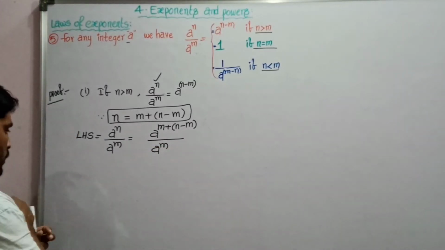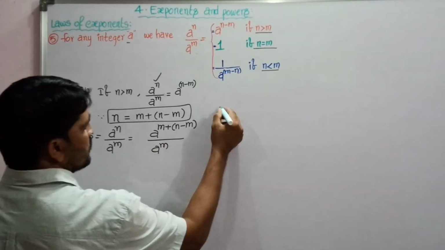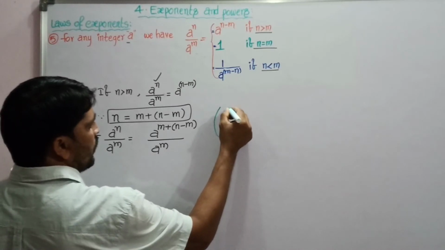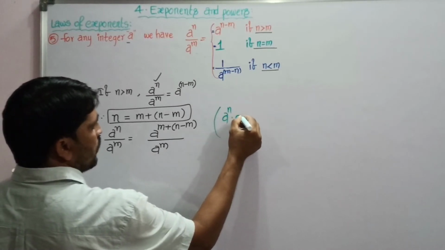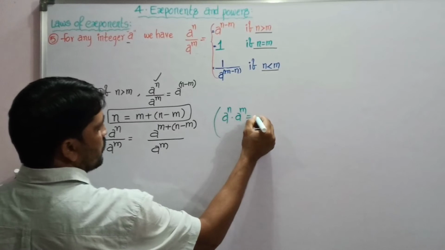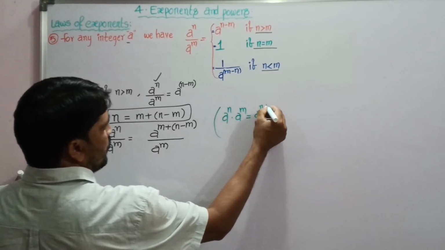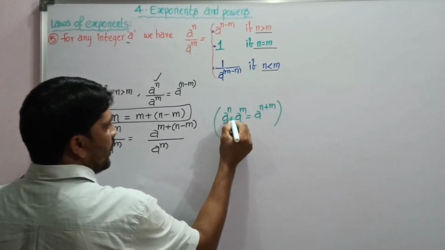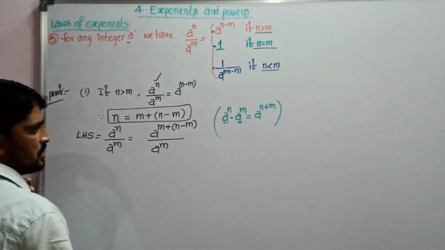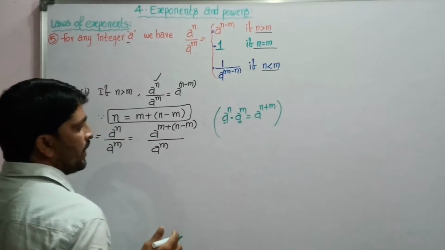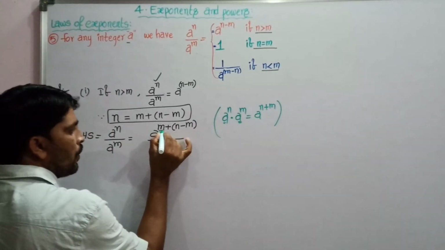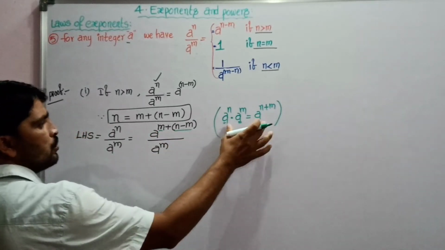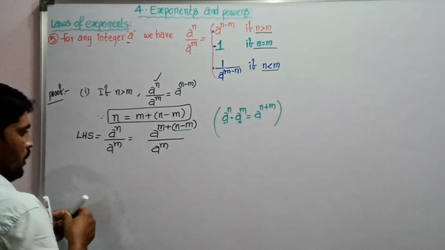But we know the first law of exponents, a power n into a power m equals a power n plus m. That is, when the bases are equal and in between them is a multiplication symbol, then the powers should be added. See here, powers are added by using the first law of exponents.